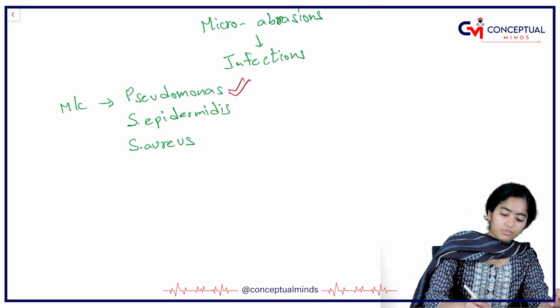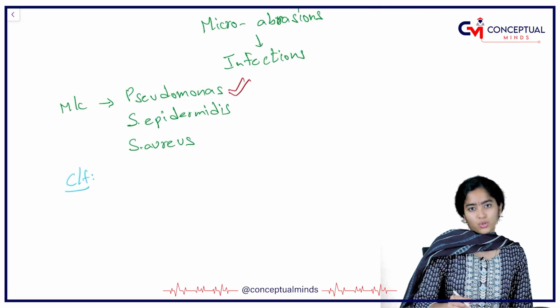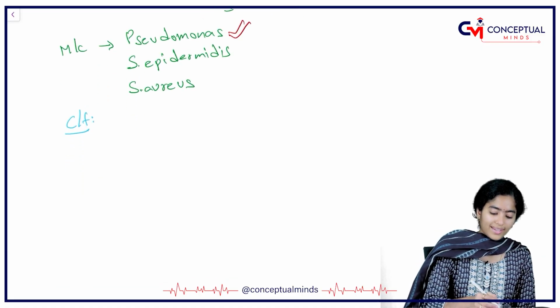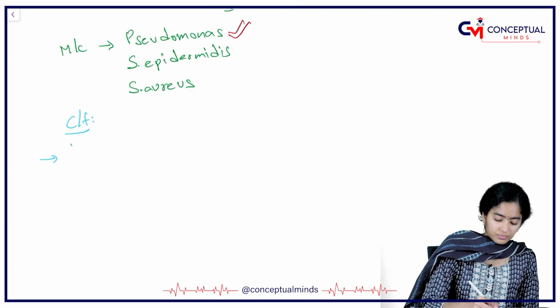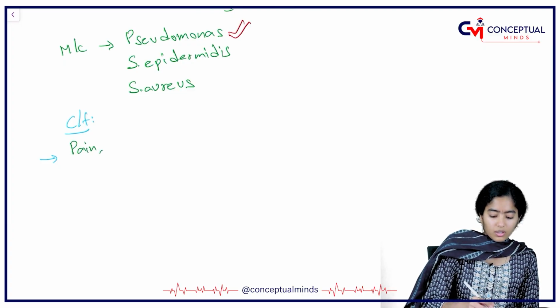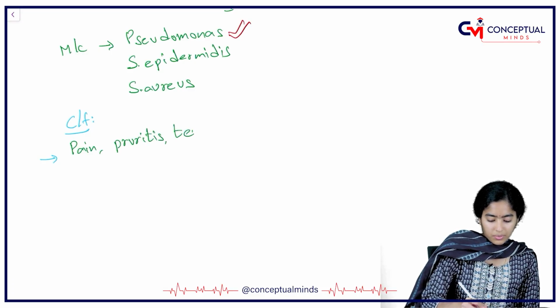So now what are the clinical features of diffuse otitis externa? Again, the patient would of course have pain. The patient will also have itching, pruritus, tenderness will be there.